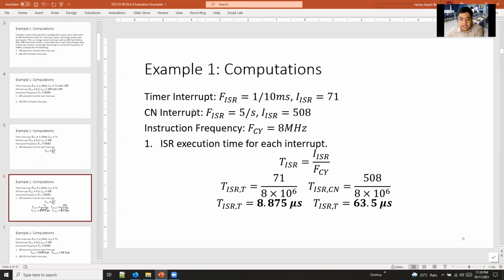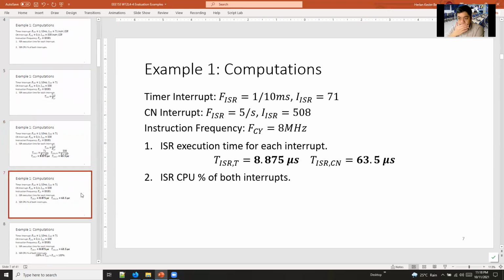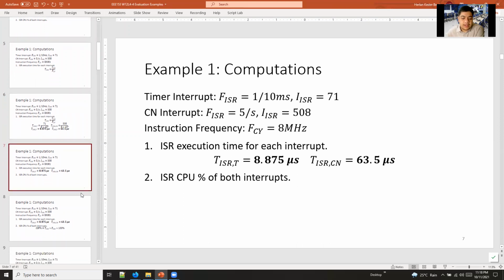So for the change notice naman, 508 over 8 times 10 to the 6, or 8 megahertz, which is 63.5 microseconds. So obviously, mas madaming instructions si interrupt, so mas mataas yung kanyang execution time. So next, let's compute for the ISR CPU percentage.